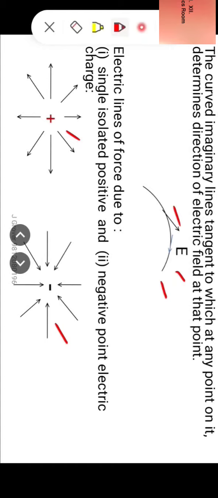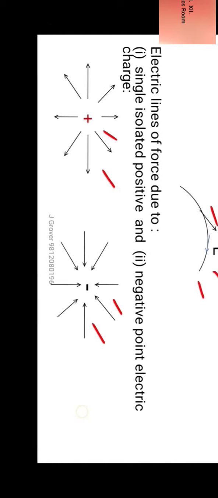We see here lines of force are emerging out, and we see here lines of force are converging at negative point. I repeat, lines of force are emerging out of positive point electric charge, and lines of force are converging at negative point electric charge.